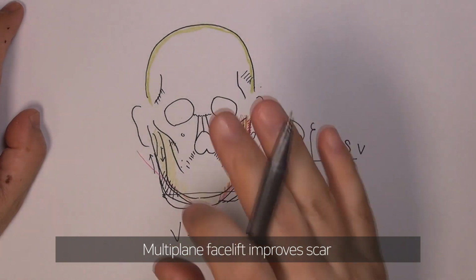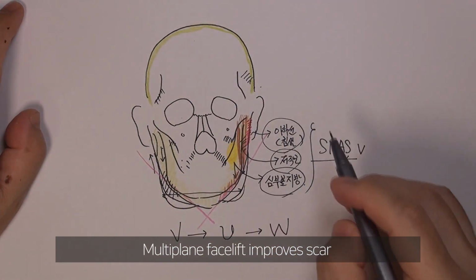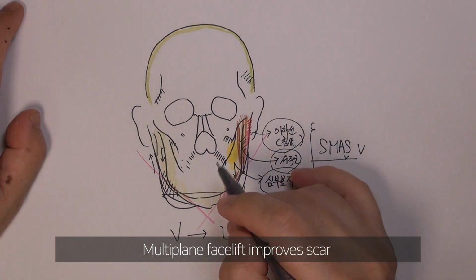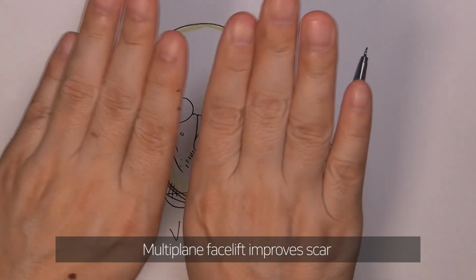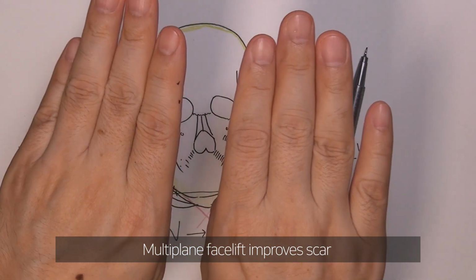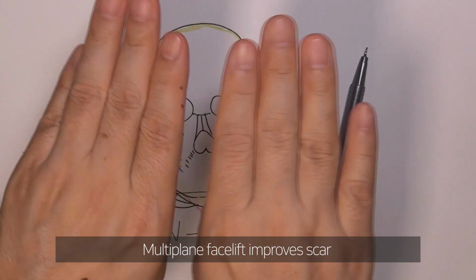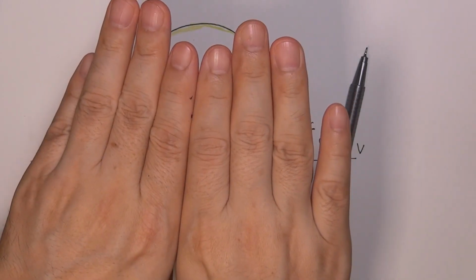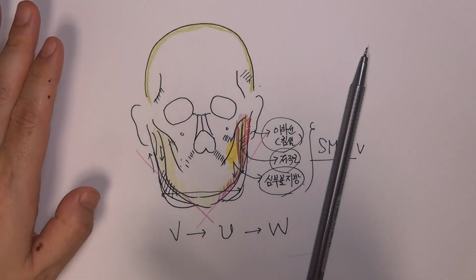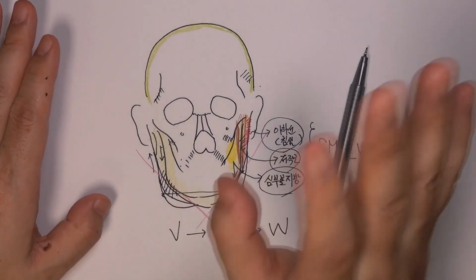With multiplane facelift reconstruction, tension at the skin layer can be relieved much, and then the scar can be aesthetically much better because the tension can be divided with the inner layer.